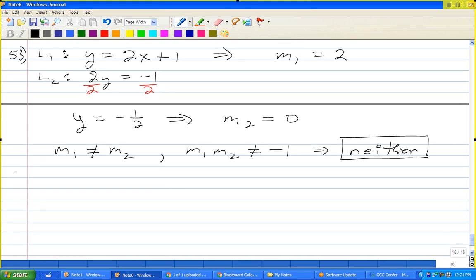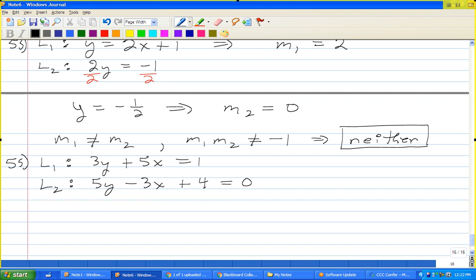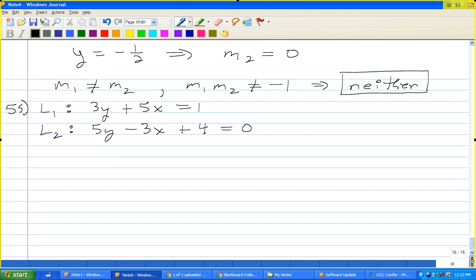Let me do 55. 3y plus 5x equals 1. 5y minus 3x plus 4 equals 0. Okay, so let's find the slope of the first line.